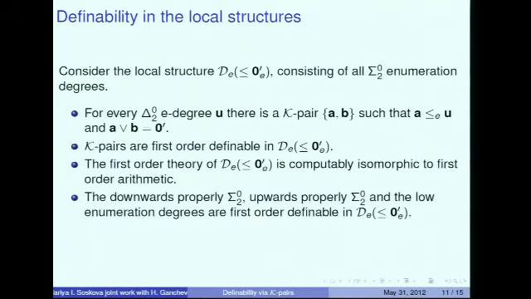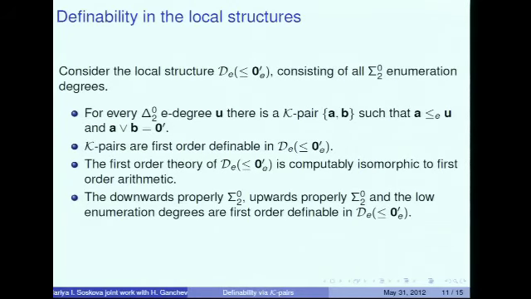And we also obtained the definability of some other classes of enumeration degrees, among which the class of low enumeration degrees, which was surprising because it is still open if the low Turing degrees are definable in the local structure of the Turing degrees. Okay, so this should hopefully convince you that k-pairs are useful for definability results.